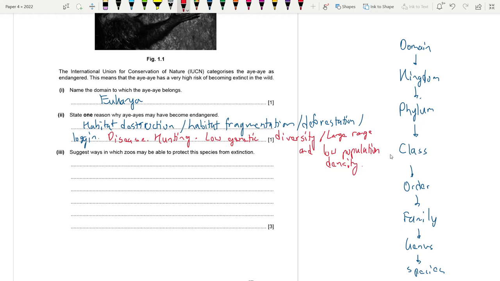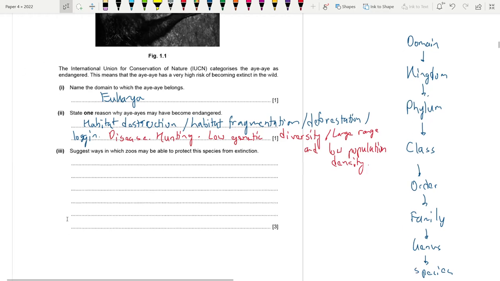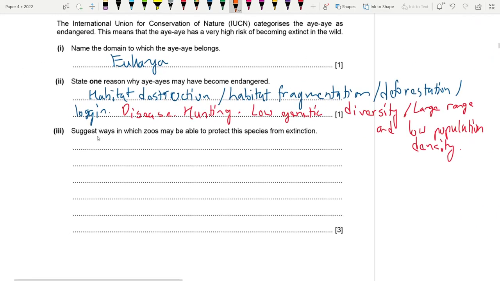Okay, so suggest ways in which zoos may be able to protect this species from extinction. So how may zoos help? This is really important. They may help in captive breeding. This would then lead to releasing the IIs into the wild, right?